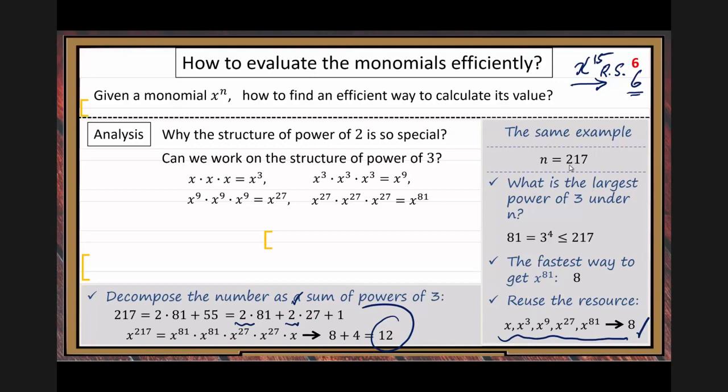Now let's try repeated cubing. How many multiplications do we need?